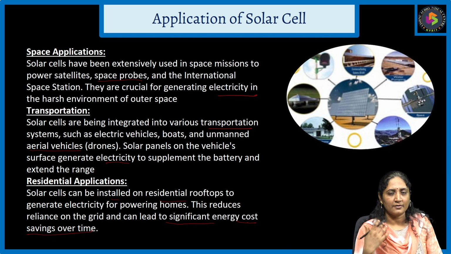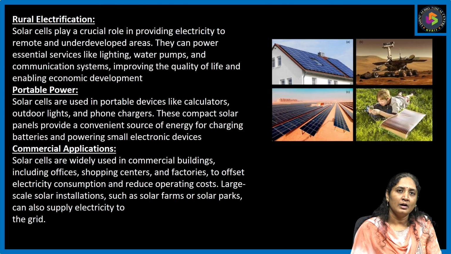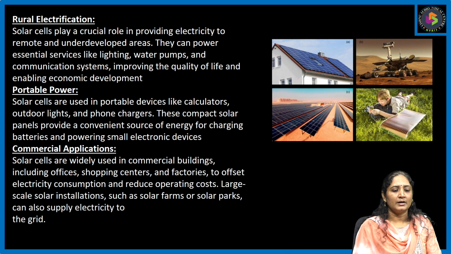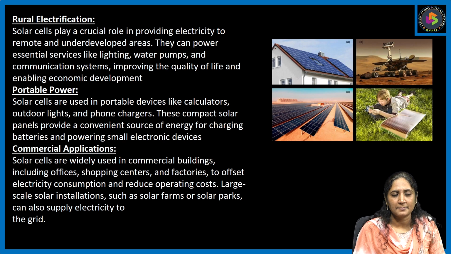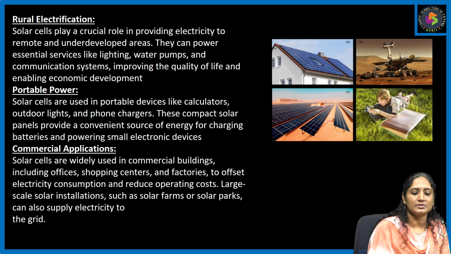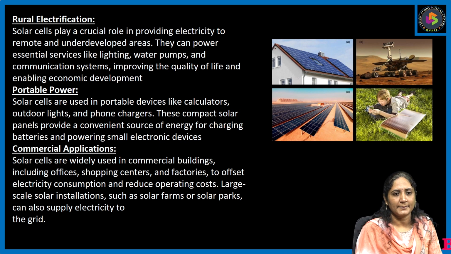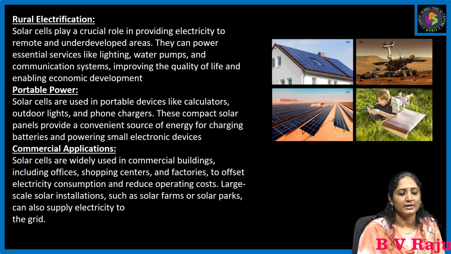That means after usage of so many days, we can store some amount of energy and we can supply it to other areas also. And in rural areas, where power supply is difficult, in that case also we can use off-grid systems like solar panels. We can install it and we can use it.